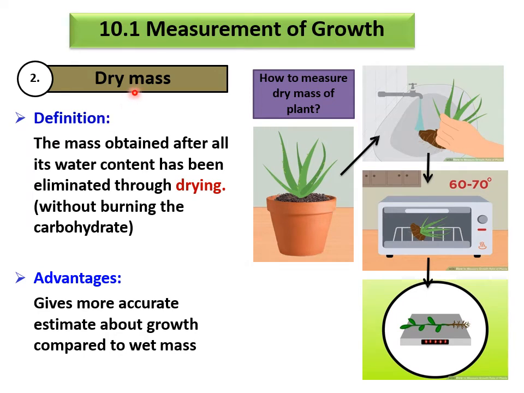Okay, next we look at dry mass. Dry mass is the mass obtained after all its water content has been eliminated through drying, without burning the carbohydrate. So it gives a more accurate estimate of growth compared to wet mass.